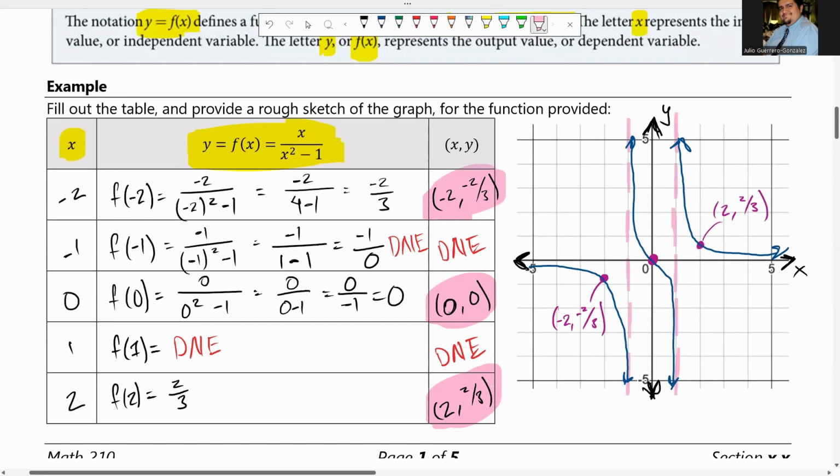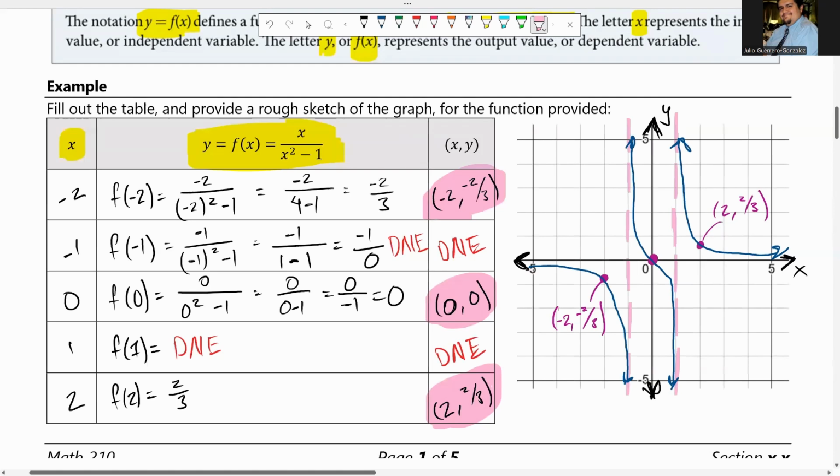What's happening there is that it sort of splits. One end goes up, the other end goes down, or vice versa. This is indicative of values that do not exist. Whenever you have a DNE somewhere, this is what tends to happen on the graph.